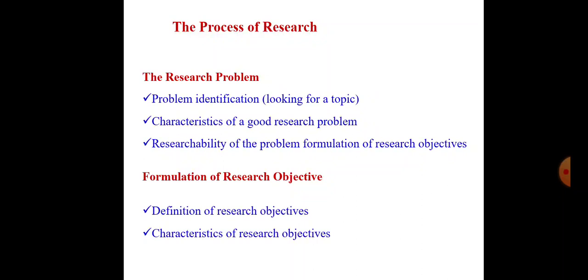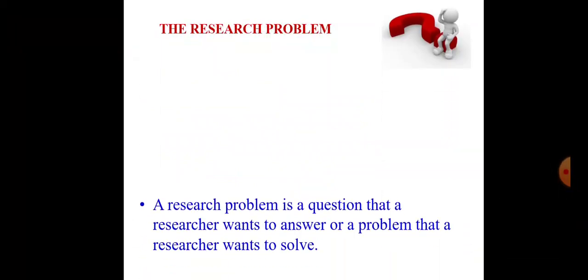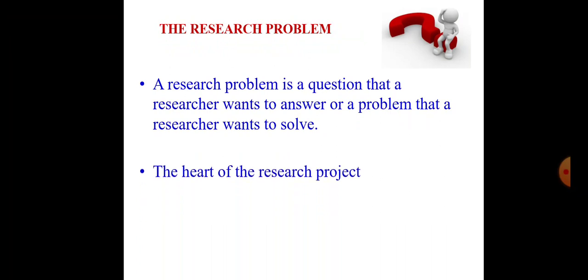It mainly depends on its researchability and how to form a research objective. The objective means what, and what the objective should comprise. And we shall come to know what a research problem means.